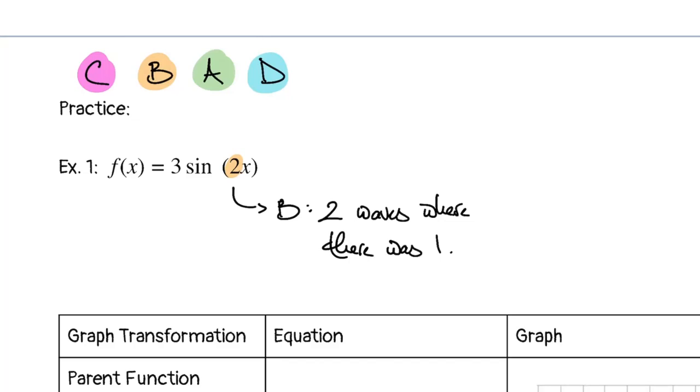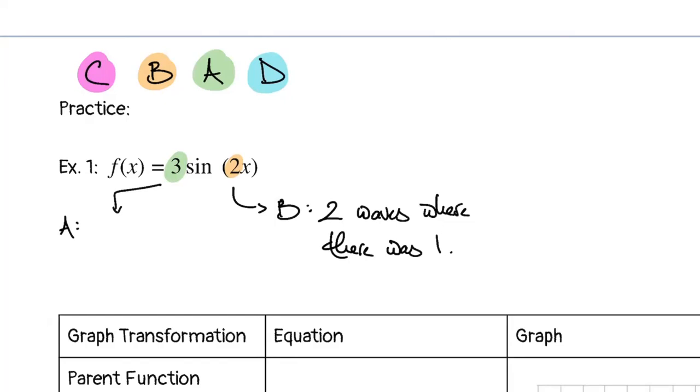And the other letter I agree with is A. All right, we do have an A value. What does this A value do to our waves? What pattern did we notice in the exploration about what that does?